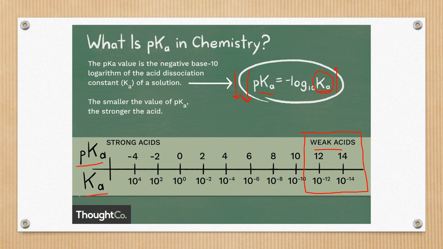What do we mean by Ka? The dissociation constant. Weak acids have lower dissociation, that is why they have a lower value of Ka and a higher value of pKa. But strong acids have higher dissociation ability, that means a higher value of Ka but a lower value of pKa.